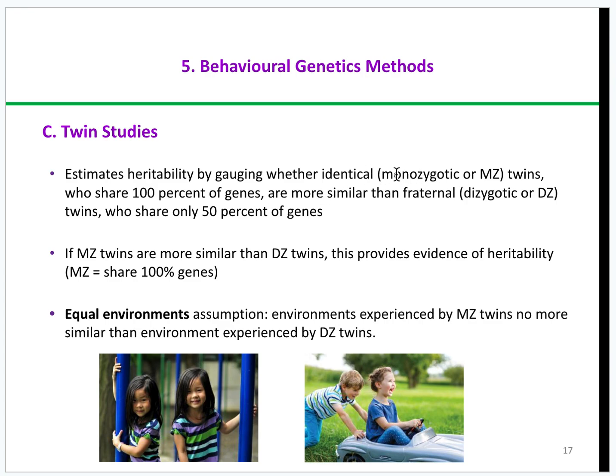Identical twins, mono meaning one zygote, share 100% of the same genes. Fraternal twins are like siblings; they share 50%. So if monozygotic twins are more similar than dizygotic twins, it provides evidence of heritability.